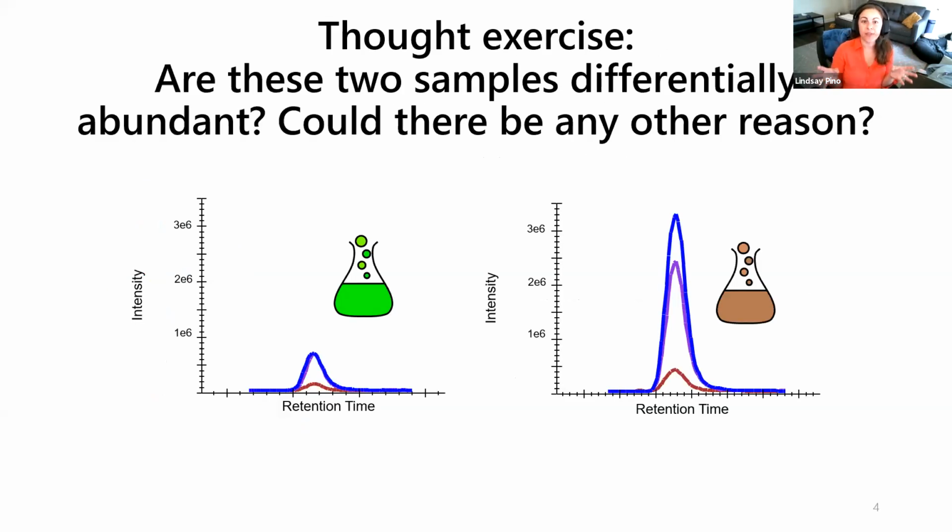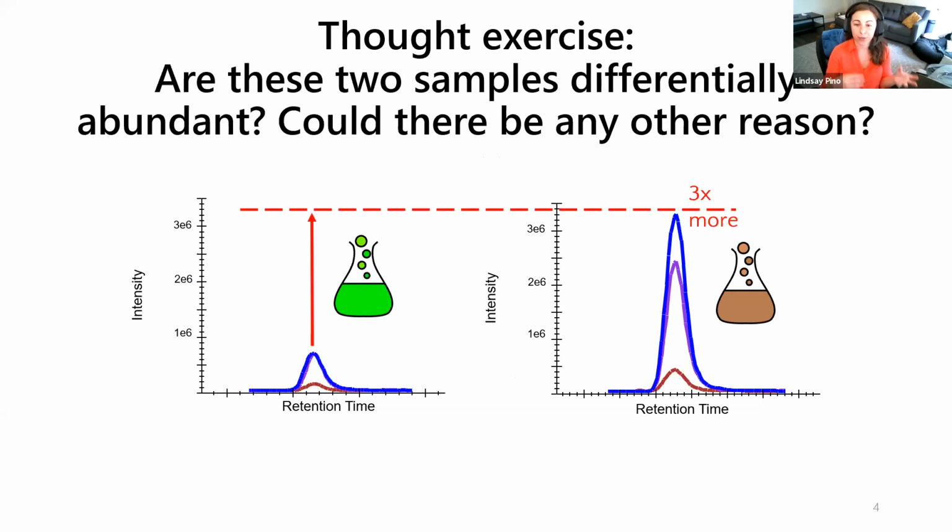To start with a thought exercise, in quantitative mass spectrometry proteomics, we use chromatograms to compare different peptides, different proteins between two samples. If I see a chromatogram on the left from one sample, and I compare it to the chromatogram on the right from a second sample, I see that the chromatogram on the right is 3 times more intense, 3 times larger area, 3 times more abundant than the sample on the left for this peptide.